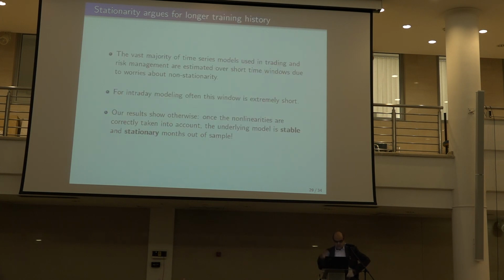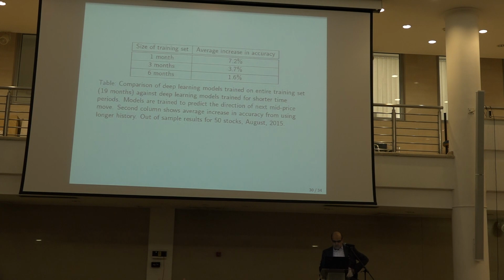And so to check this, we looked at various things. So we increased the distance between the training set and the test set. This table, for instance, says usually people tell you don't go back more than 1 month because the data is irrelevant because it's non-stationary.